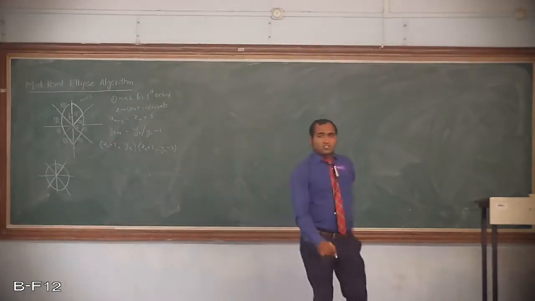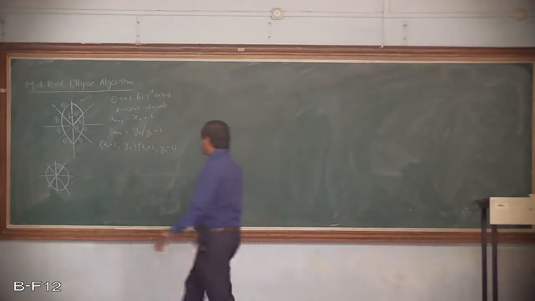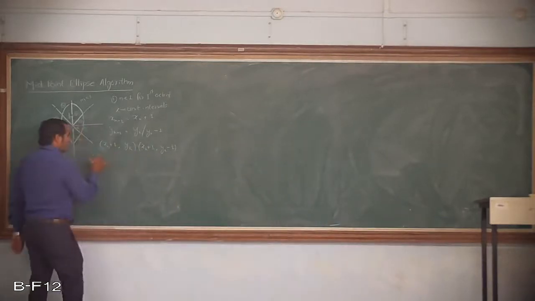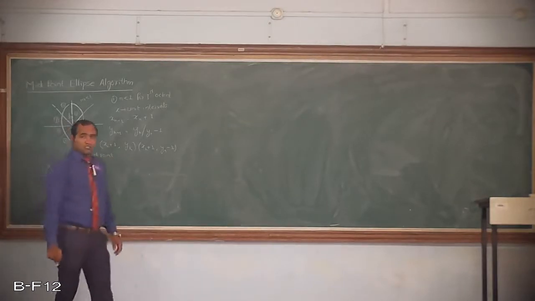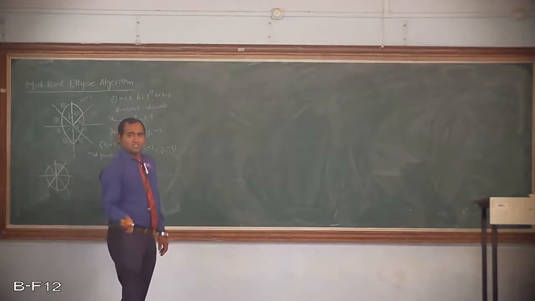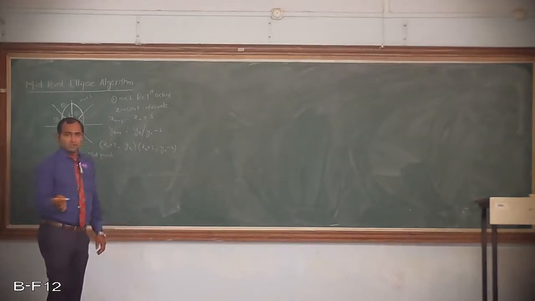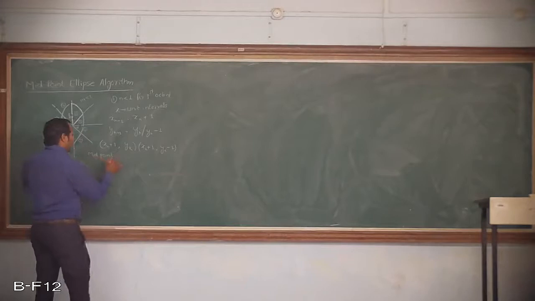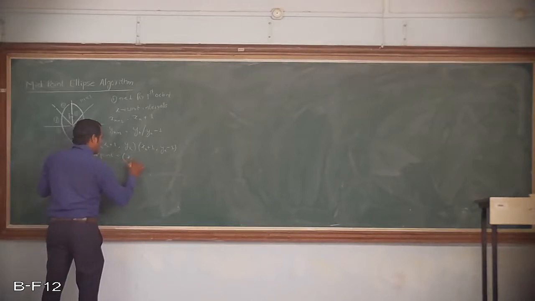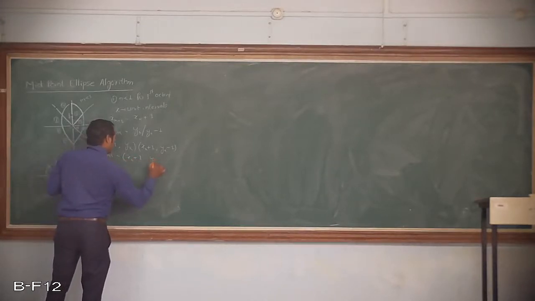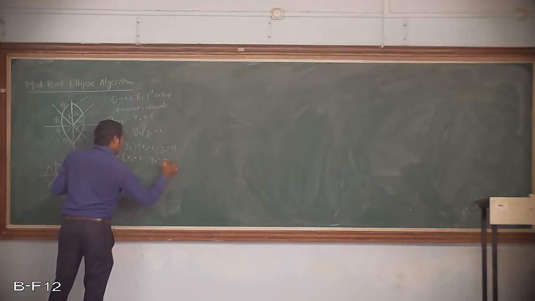Then the average of these 2 points was taken, that is the midpoint. To calculate the midpoint, average points were taken, and then we took the equation of the ellipse and simplified to get the value of pk and pk plus 1. So the midpoint will be xk plus 1, yk minus half.